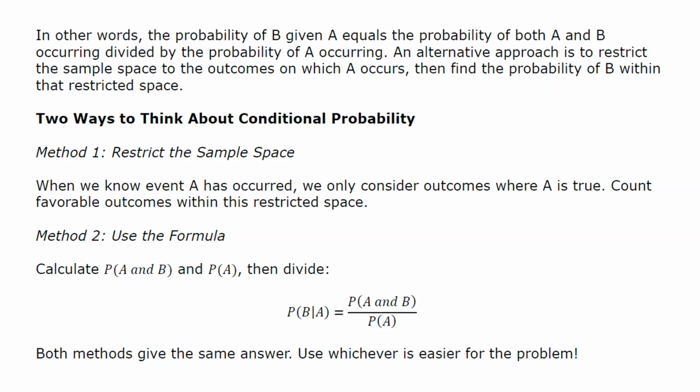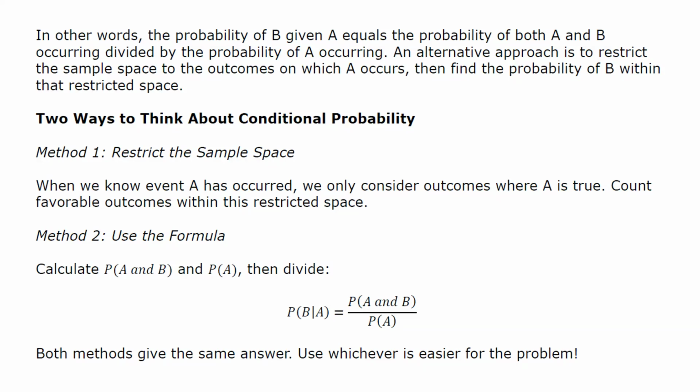An alternate approach is to restrict the sample space to the outcomes on which A occurs and then find the probability of B within that restricted space. So there are two ways to think about conditional probability. The first method is to restrict the sample space. So when we know event A has occurred, we only consider outcomes where A is true and then count the favorable outcomes within this restricted space.